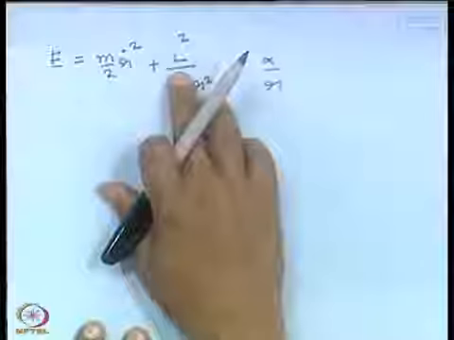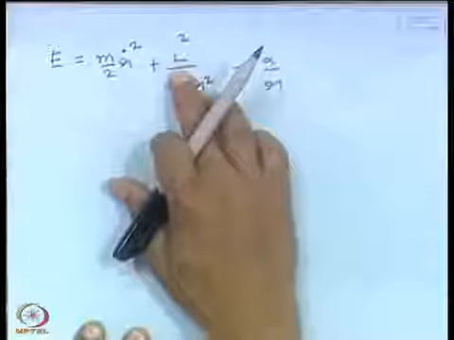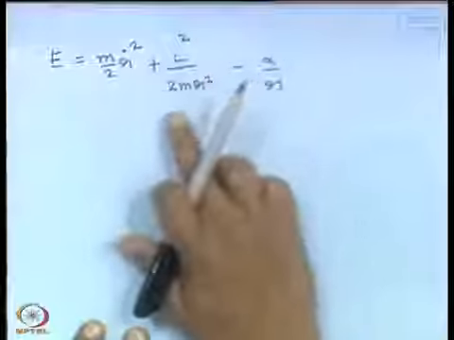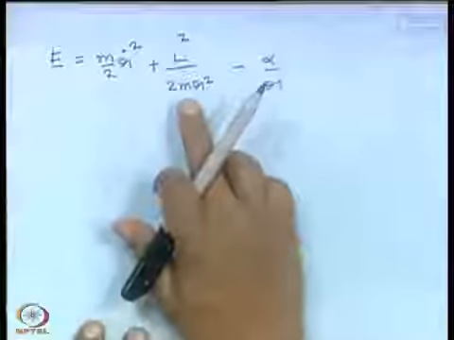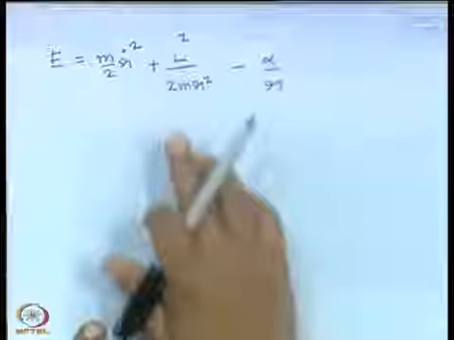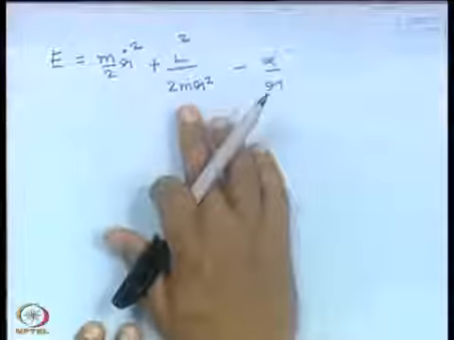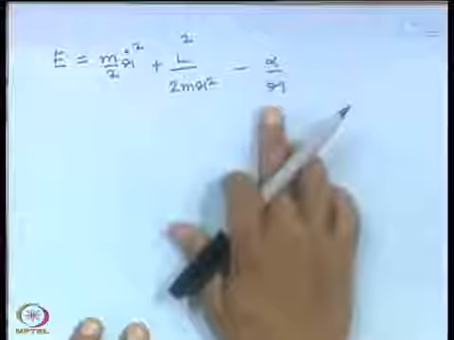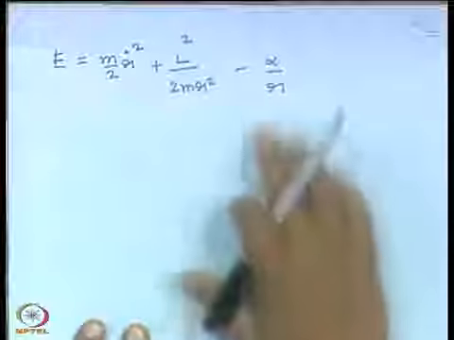So, I have replaced it with capital L. Capital L is the angular momentum. So, this is the kinetic energy of the tangential motion, and this gives rise to the centrifugal force, this potential, minus alpha by r. This is the gravitational interaction.